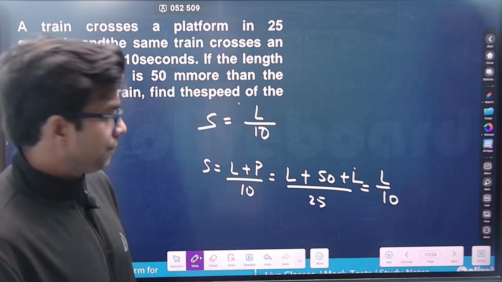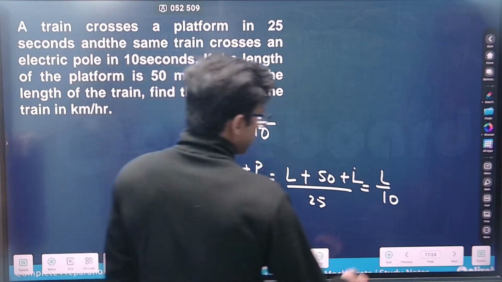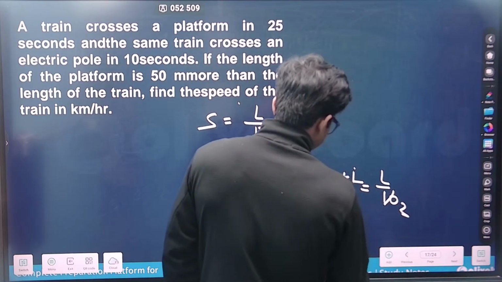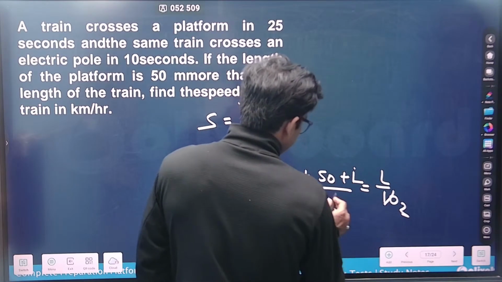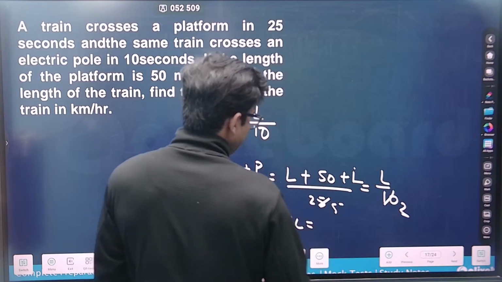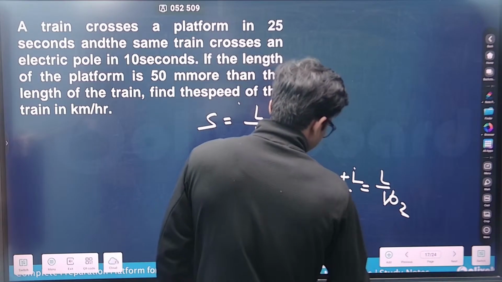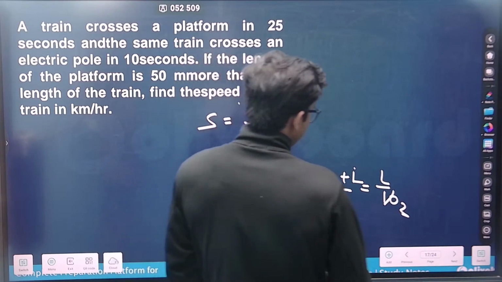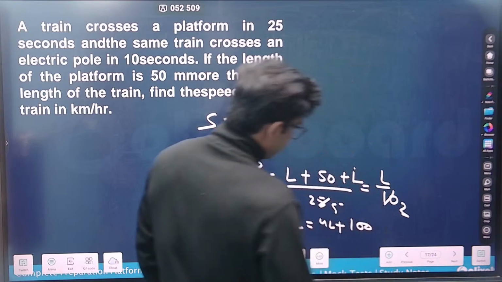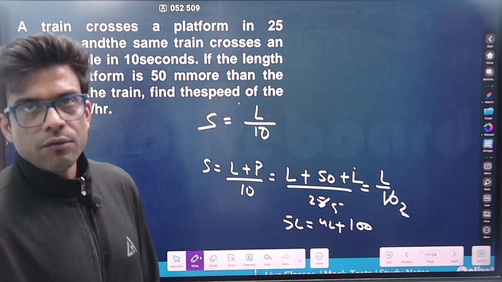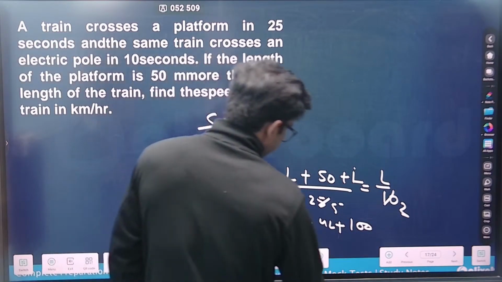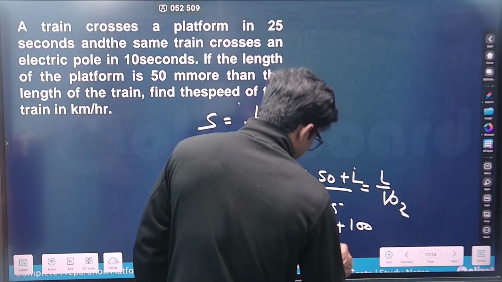Is this clear? This goes 2 times, this goes 5 times. So 5L equals 2L plus 100, which is 3L equals 100. Correct, na? From here the value of L would be 100. So length of the train is basically 100.